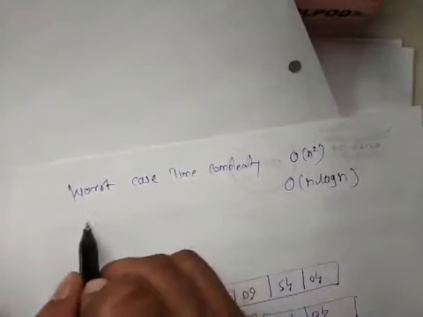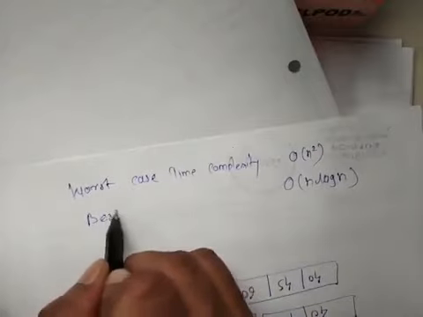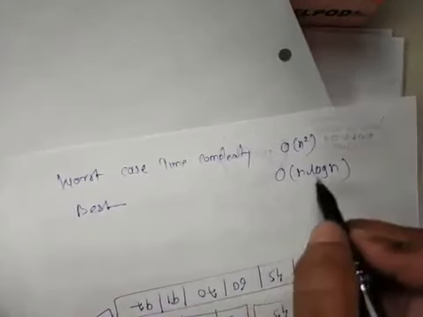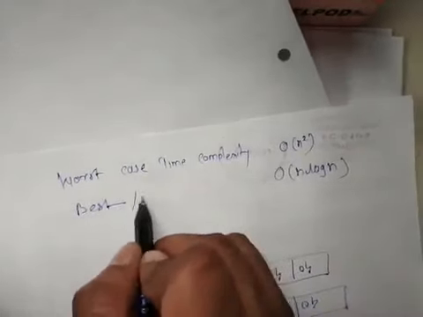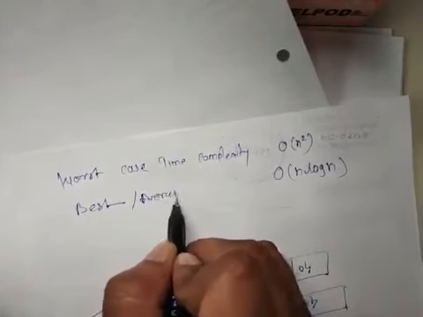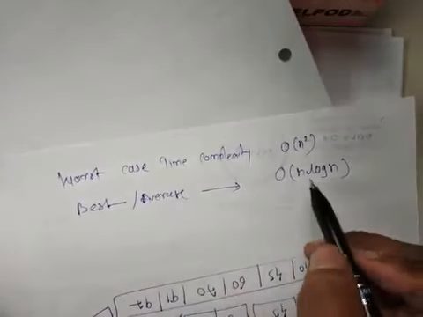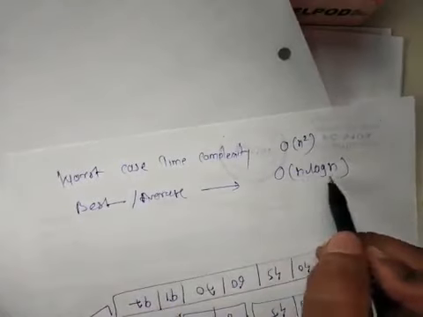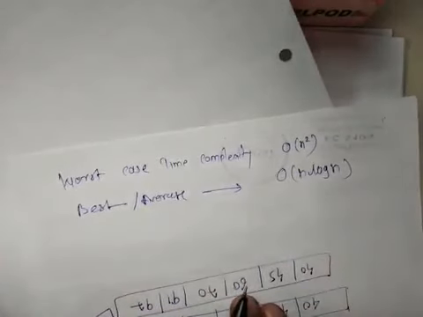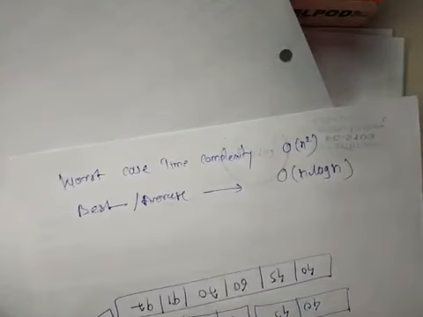So this is the best case, and also the average case. The time complexity is big O of n log n for the quicksort algorithm. So this is all about quicksort.